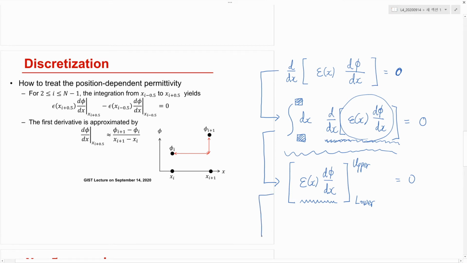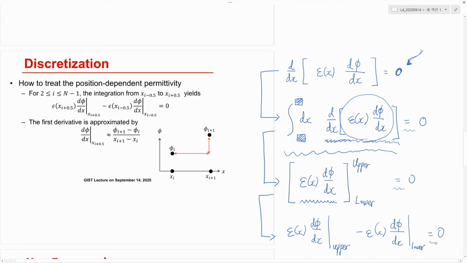So let me write it down once again more explicitly. We have epsilon of x d phi dx calculated at the upper bound, minus epsilon of x d phi dx at the lower bound, should be 0. So if we have the equality here, the first equation, then later we will have again equality and equality.